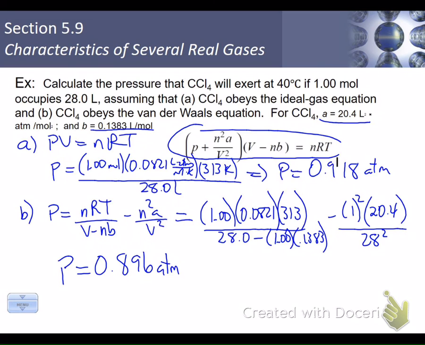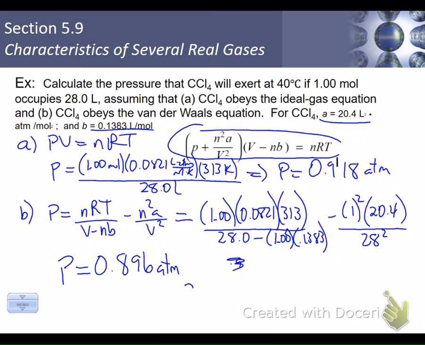So how much change is this? Is it really significant? Well, if you do an error analysis, I don't want to go through all the calculations and take up a lot of time, but I did a quick error calculation here. 0.918 minus 0.896 over 0.896.